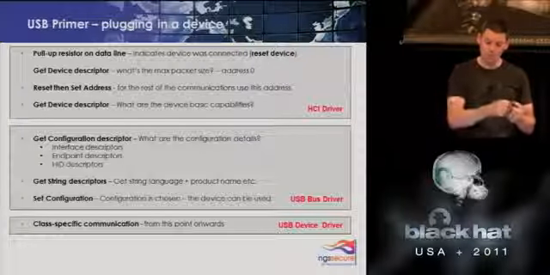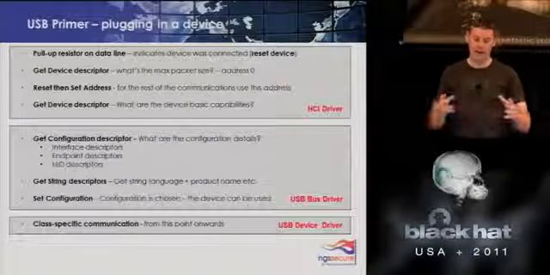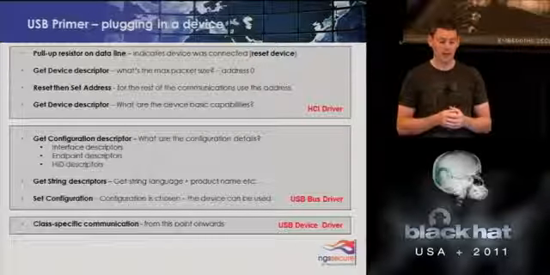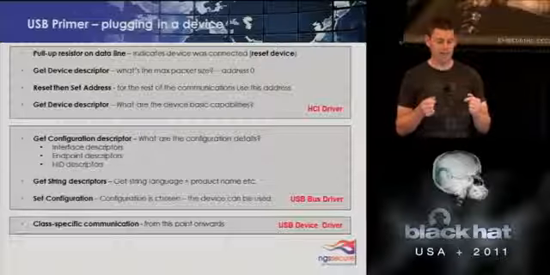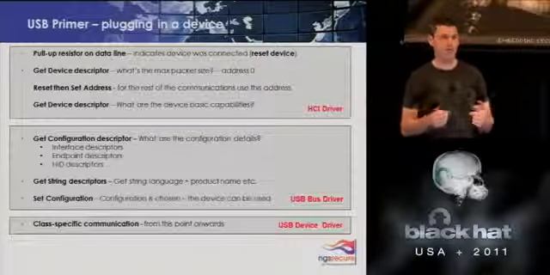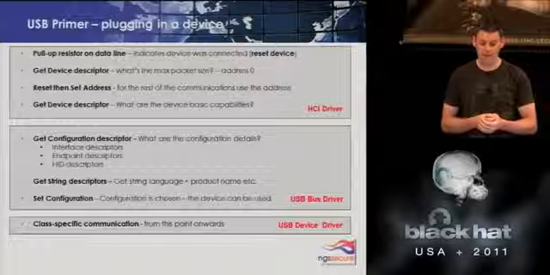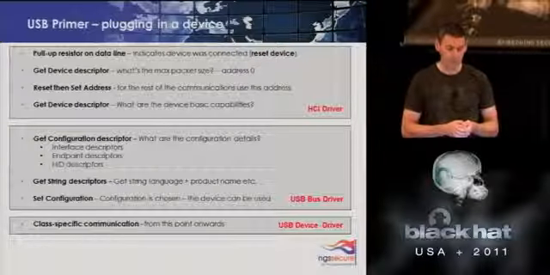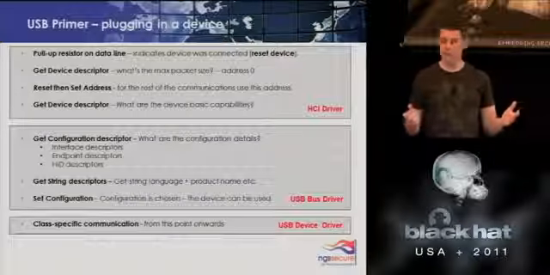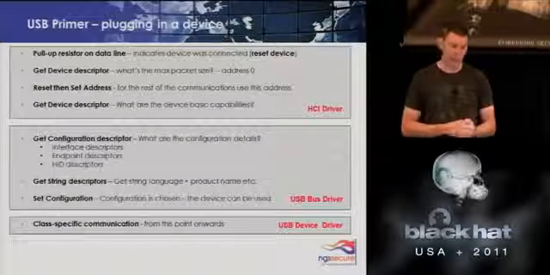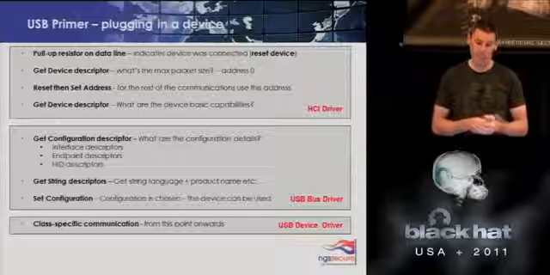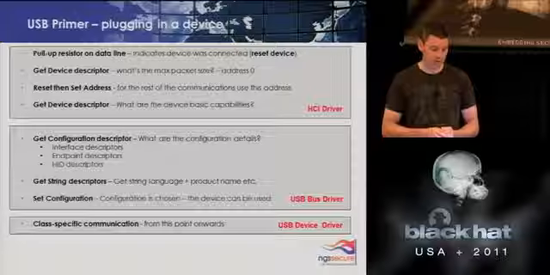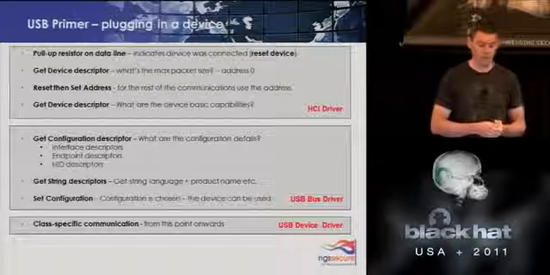When you plug the device in, at an electronics level, there is what's called a pull-up resistor, which connects onto the data line, and it will indicate to the host that a physical device has been connected to the USB bus. So the host says, okay, we've got some technology that's been connected to us. I'd like to start grabbing some of these descriptors because I want to find out what this device does and what I can use it for.